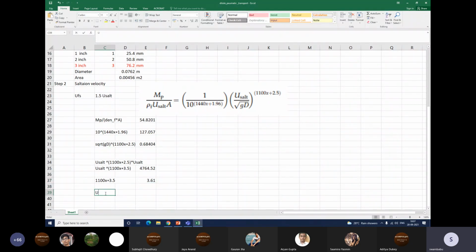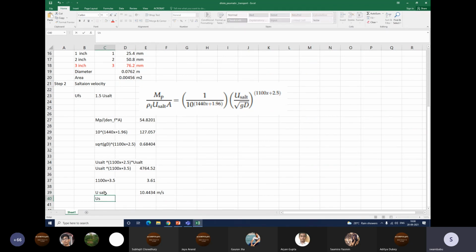So the u salt will be this to the power of 1 over this, the saltation velocity in meters per second. I'll upload this and we may cross check later.